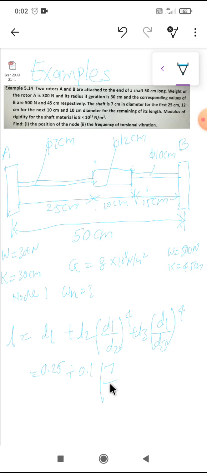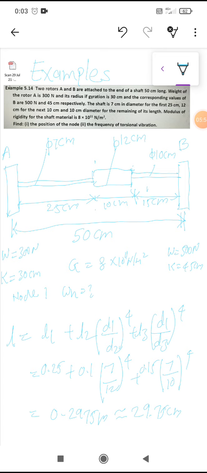So 7 divided by 12 raised to 4, plus L3, which is 0.15, into 7 divided by 10 raised to 4. This will come out near 0.2975 meter, which is equal to 29.75 centimeter. This is the length of the equivalent shaft.